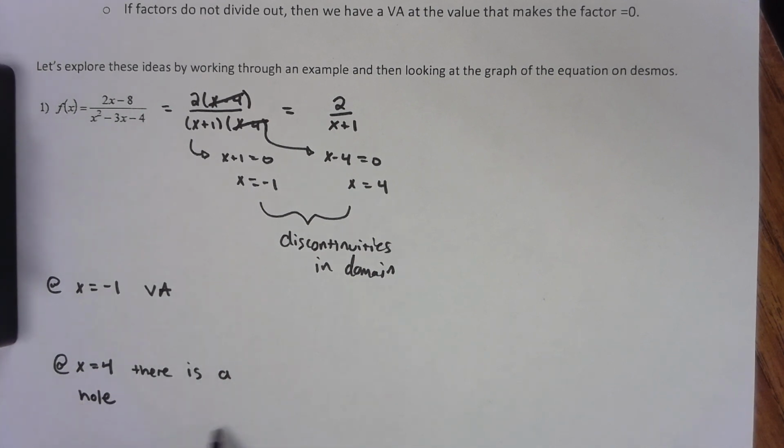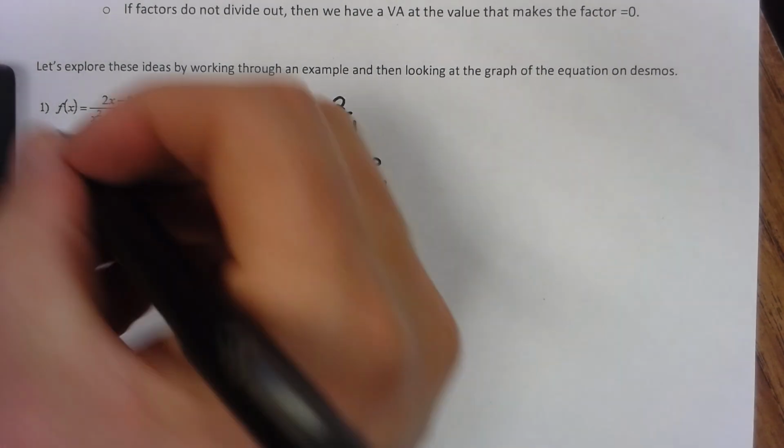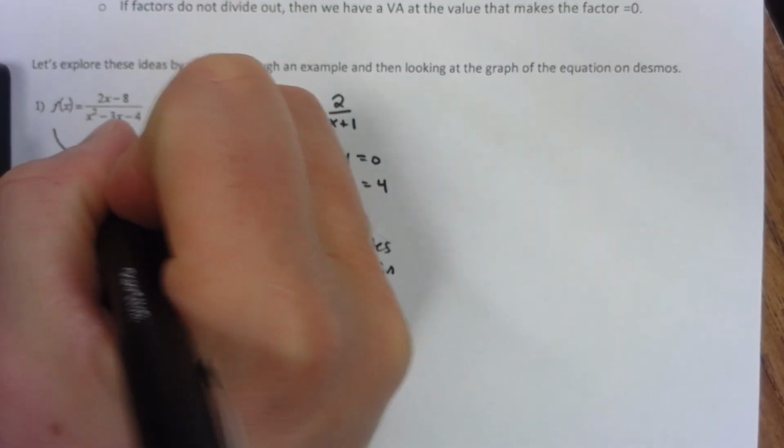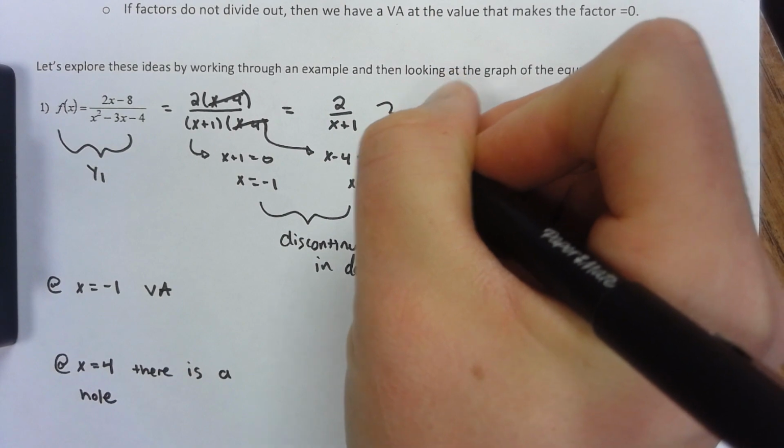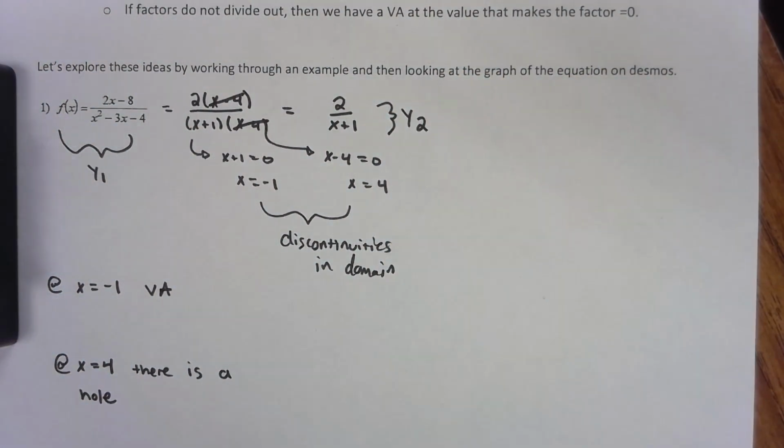And we are going to have to do one more thing with this hole, but this is where I'm going to pause and show Desmos. So for anybody that's watching the video, I'm going to have you go to Desmos and type this into y1 and then this into y2. I'm going to pause the video while I do that. Actually, I'll still do it.